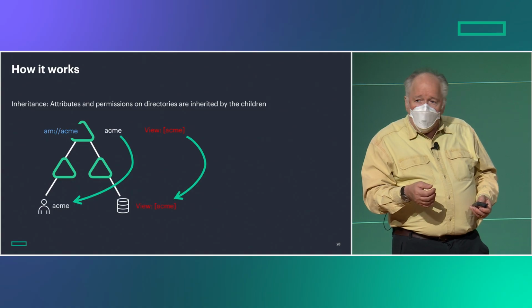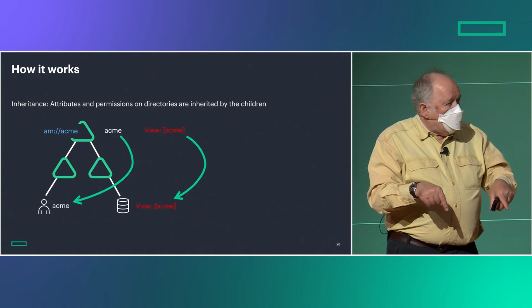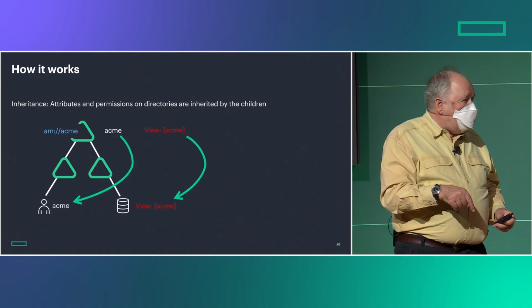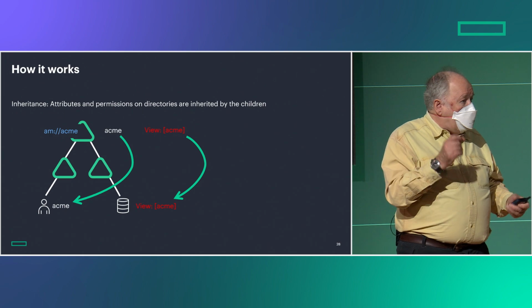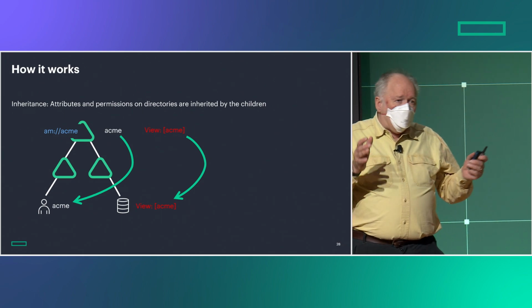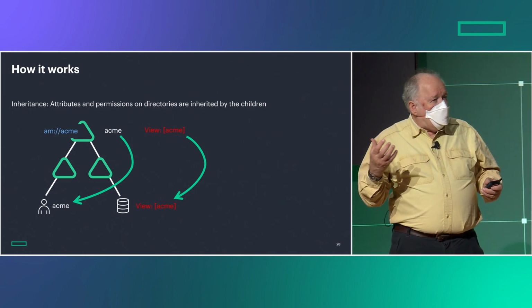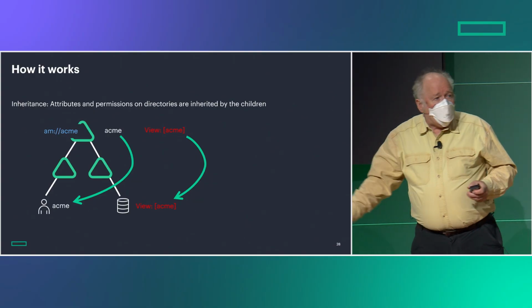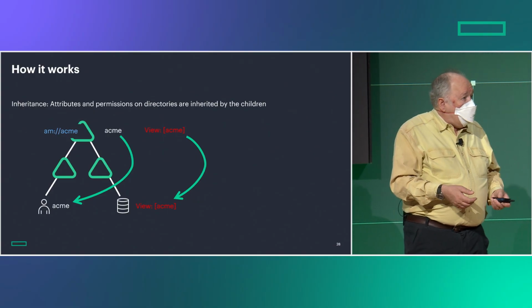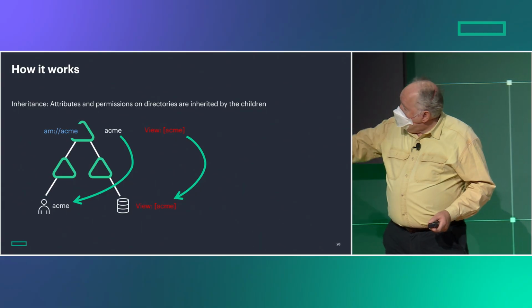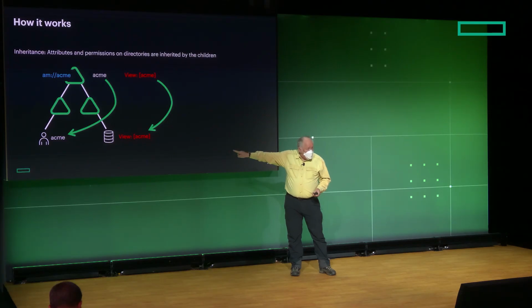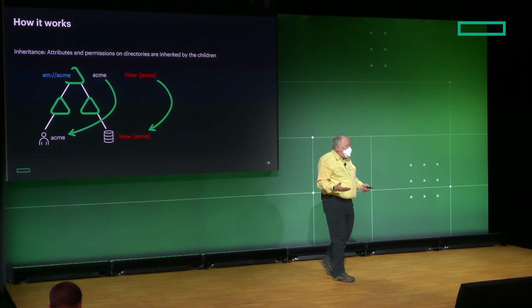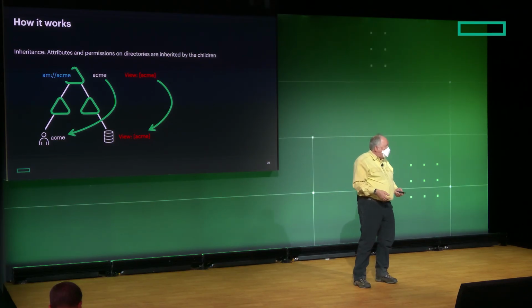Then we inherit those downward so that there's a user in the lower left who inherits the attribute Acme. In fact, everything inherits that. And there's a data set on the right there, and it has a permission that says you have to have Acme to view it. And so that user can see that data. We don't know if they can read or write it yet, but that's how the inheritance works.